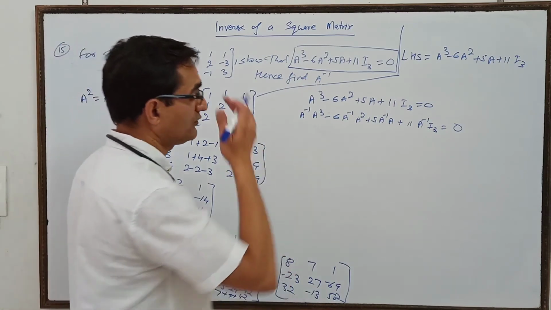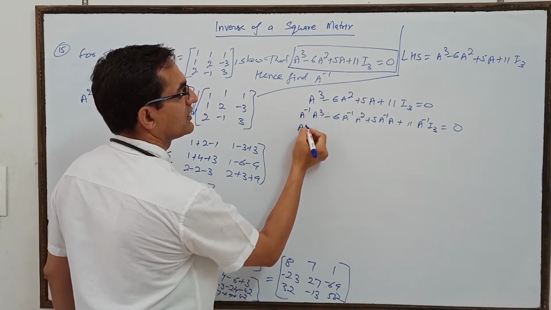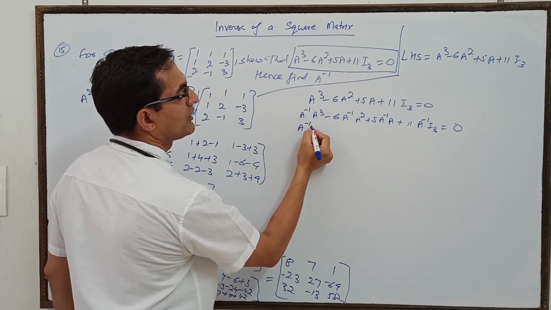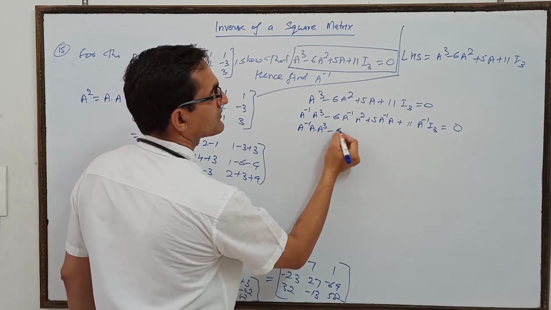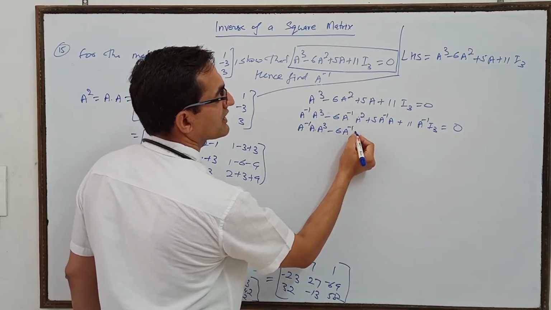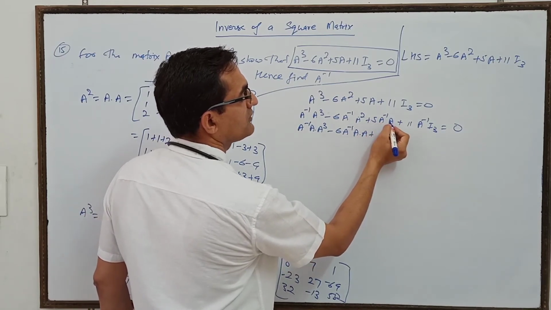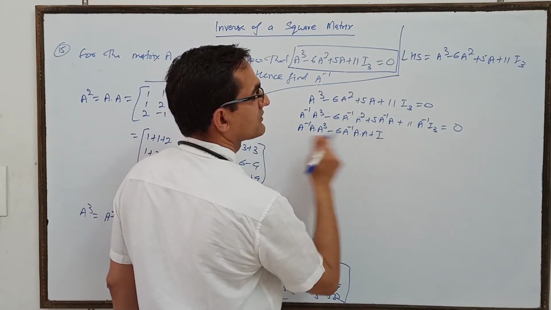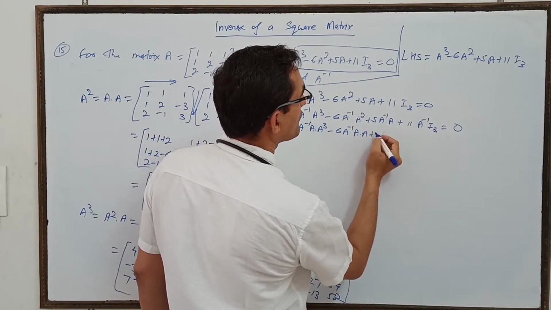So let's simplify it. You write it, inverse of A into A cube, minus 6 into inverse of A, A square we can write as A into A, plus 5 into inverse of A into A. This is identity matrix. Inverse of A into A, this is equal to identity matrix. Write this as 5.